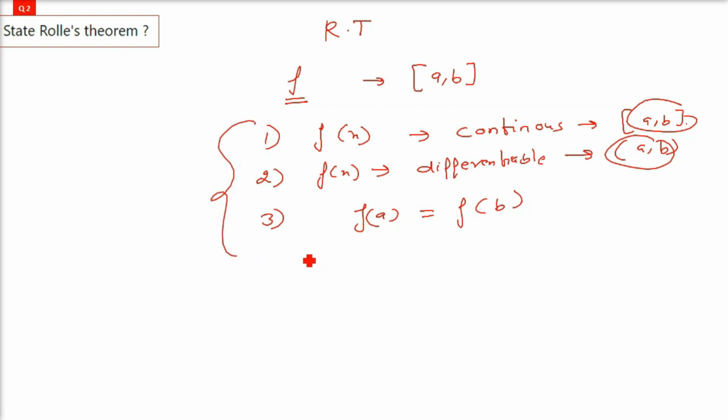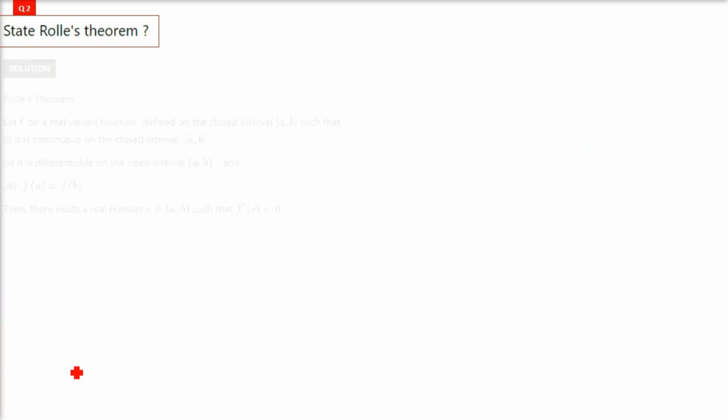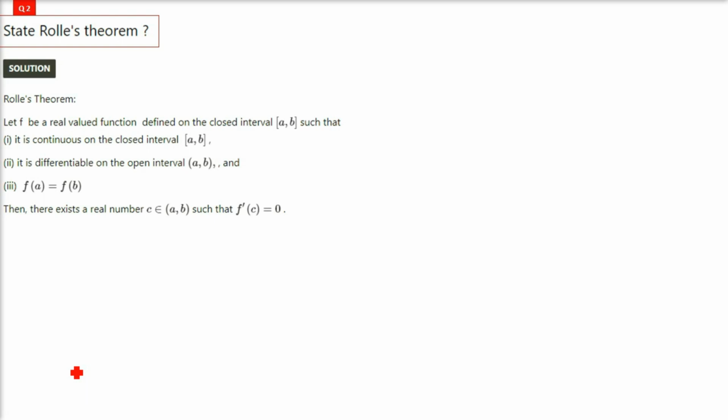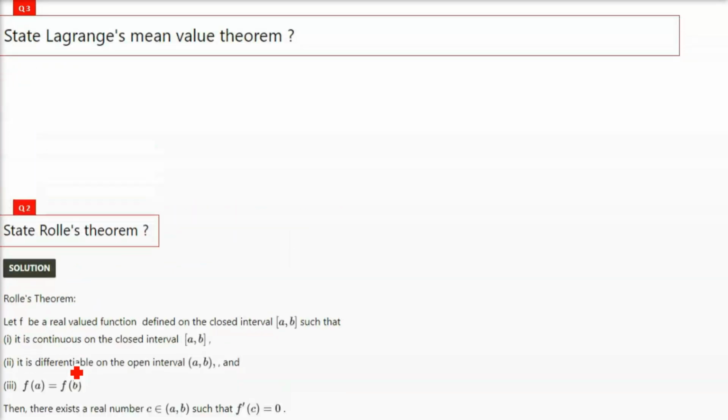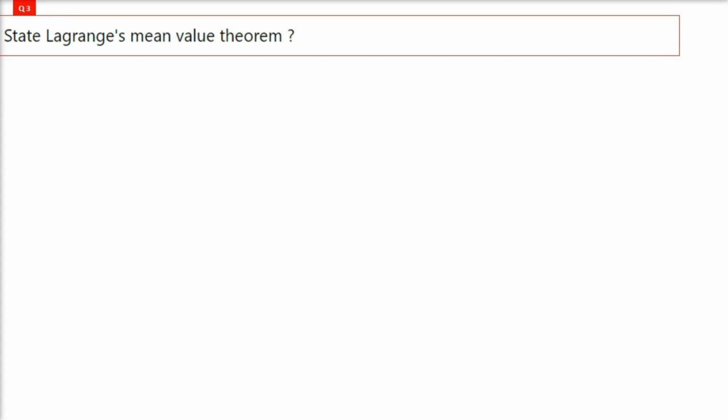If all these three conditions are true, then we say c or x, and this c has to be between a and b, so that you get the differentiation of this function, that is f'(x) or f'(c) equals 0. So this is how you will find it in literature, in your book also, different books, if you're following NCERT or R.D. Sharma. Similarly, state Lagrange's mean value theorem. We have function f(x), and this is defined, or this is in a and b.